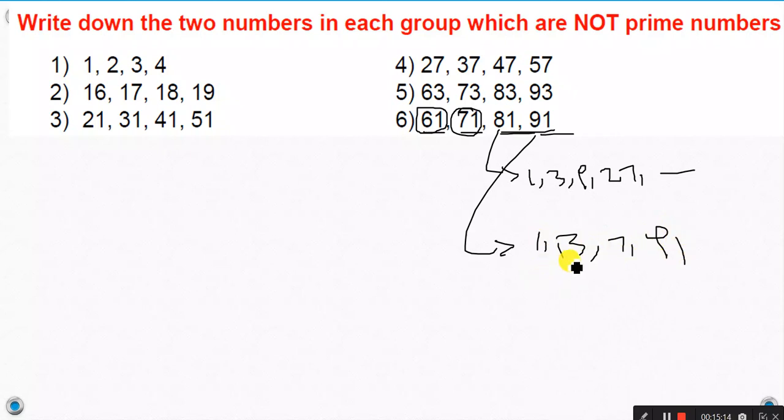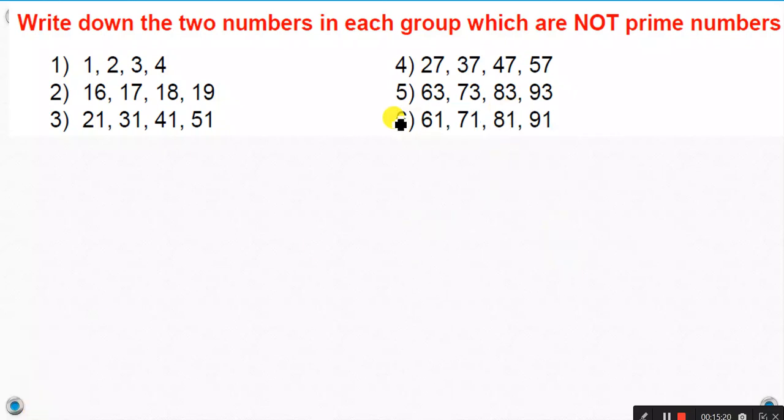So they have more than 2 factors, so they are not prime. So for this question, the answer is 81 and 91.